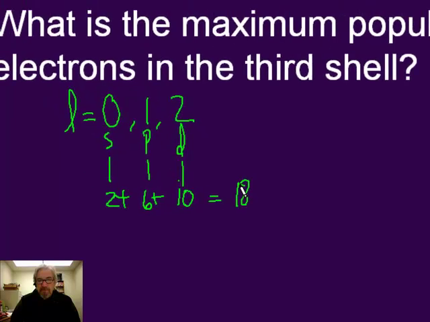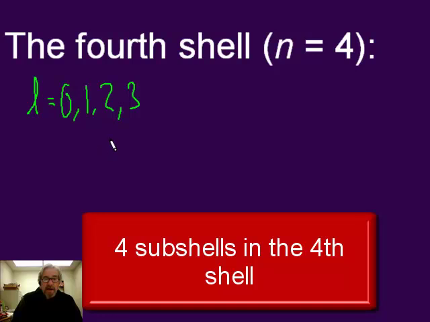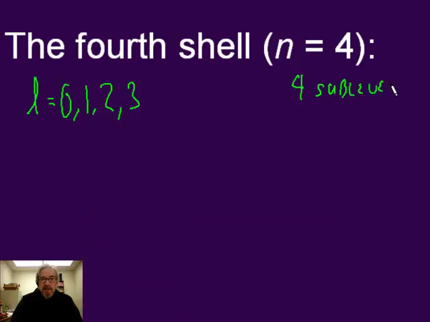Fourth shell. Well, if N is 4, then the values of L could be 0, 1, 2, or 3. But they have to stop at 3 because 3 is 1 less than 4. Since there are 4 L numbers, then that means there are 4 sublevels when N equals 4.